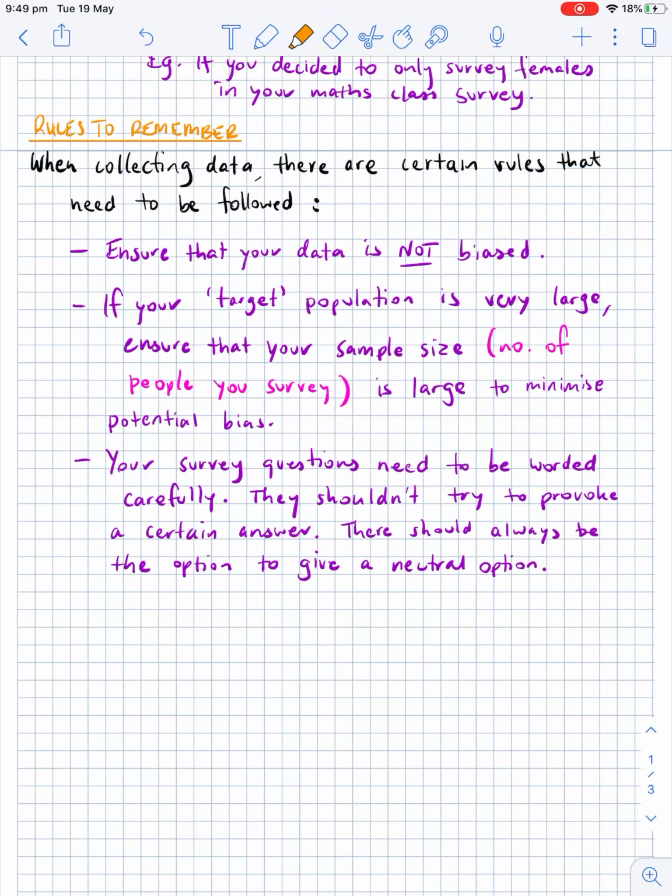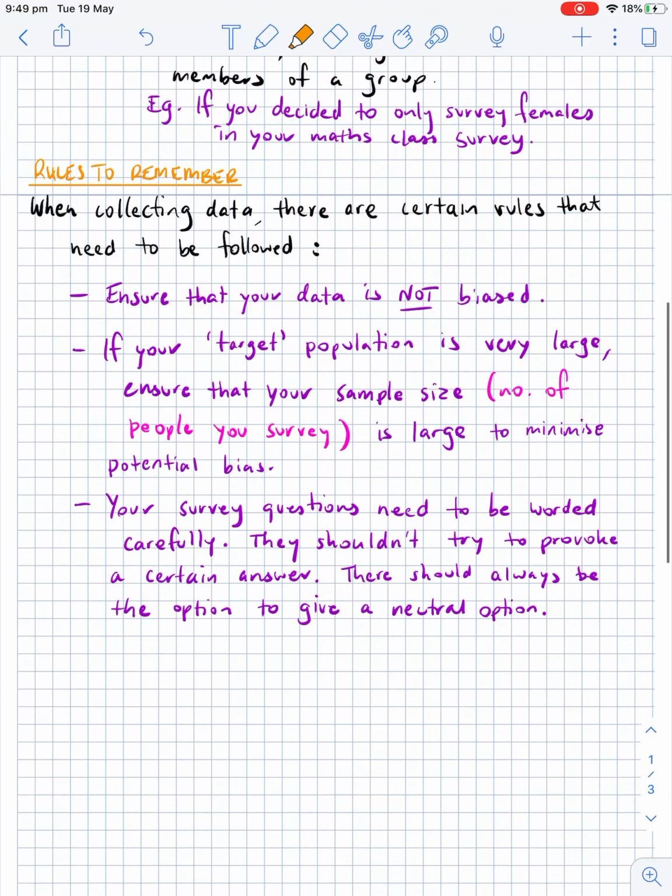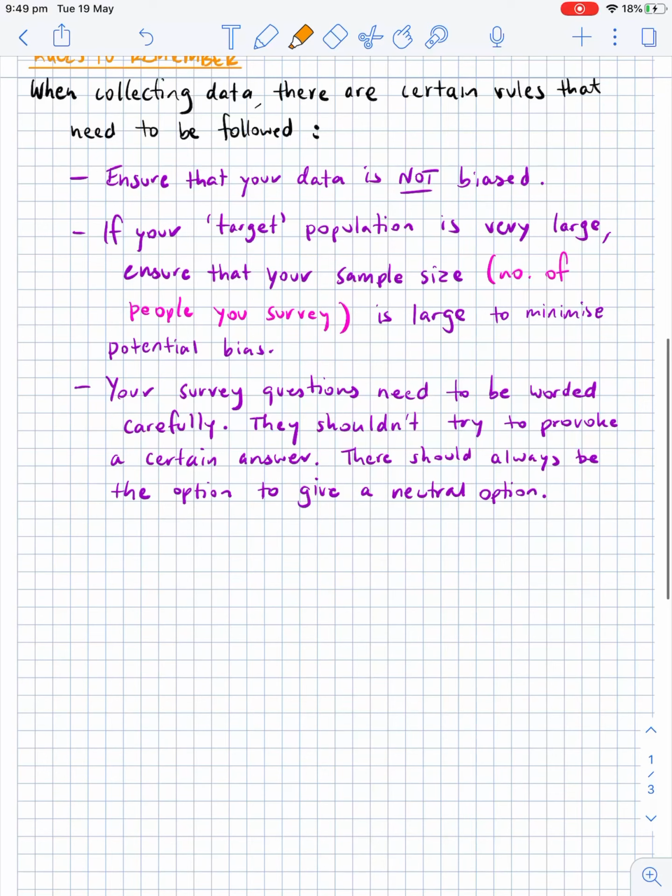When you're trying to find people's opinions on something, or when you're asking a lot of questions, you want to give them a neutral option. You don't want them to be forced to say yes or no, for example. You might say yes, no, or maybe. Make sure there's a middle ground, because lots of people don't want to have to go one side or the other. They should be allowed to stay neutral.